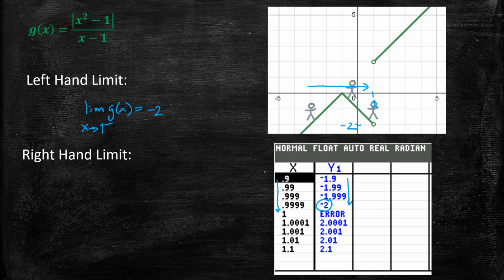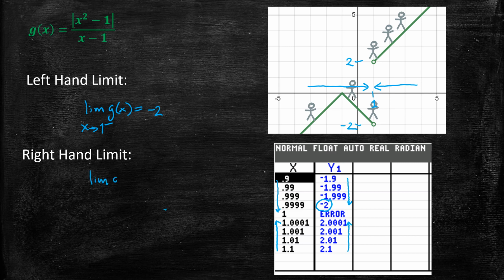Let's repeat for the right-hand limit. Hop on the curve to the right of x equals 1. Imagine what happens as your x coordinate approaches 1. You are descending the function, and you appear to be getting closer to a y coordinate of 2. Once again, you can see this in the table. As x approaches 1 from above, y is getting closer and closer to 2.